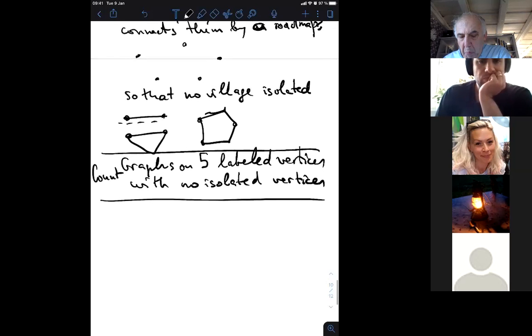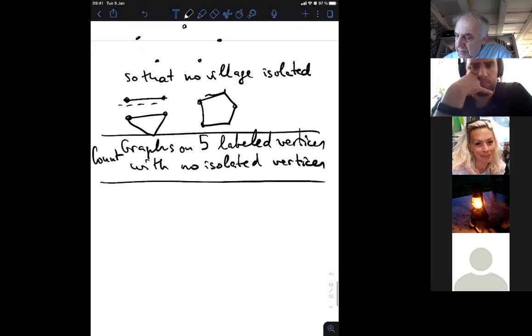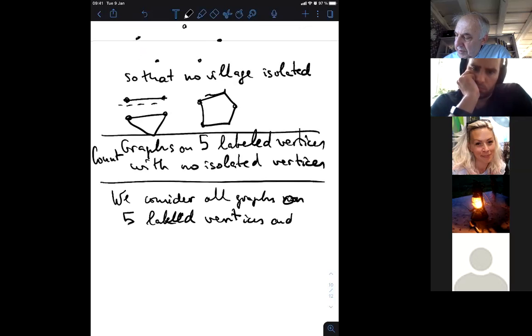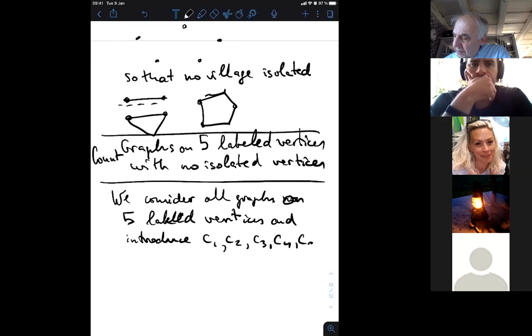We will be looking at the set of all graphs on 5 labeled vertices, and introduce conditions C1, C2, C3, C4, C5, where Ci is the condition that the ith vertex is isolated.